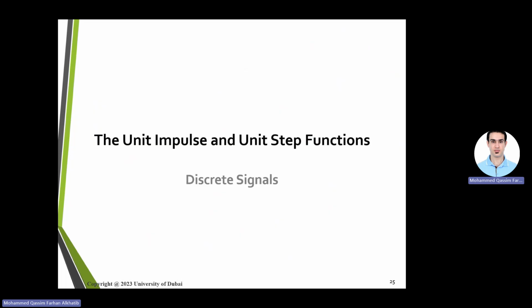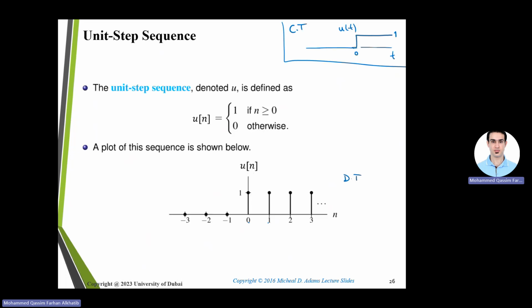Okay, we'll talk about the two commonly used functions in real life, the unit impulse and the unit step functions, from a discrete time point of view as a sequence. So we'll talk about the unit step sequence. Basically, it's the same representation, but instead of having t, I will have n.